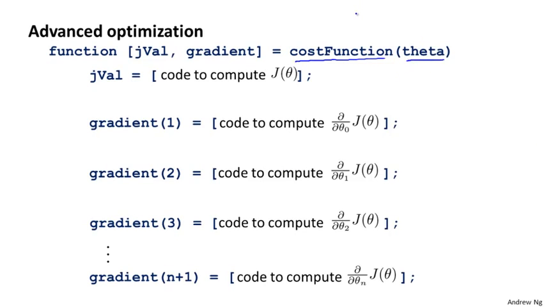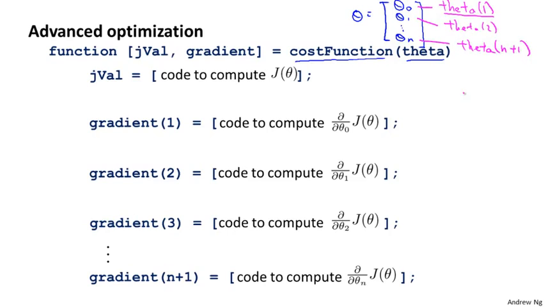In the equations we've been writing, we use 0-indexed vectors, so we had theta 0 up to theta n, but because Octave indexes vectors starting from 1, theta 0 is written in Octave as theta 1, theta 1 as theta 2, and so on down to theta n plus 1.